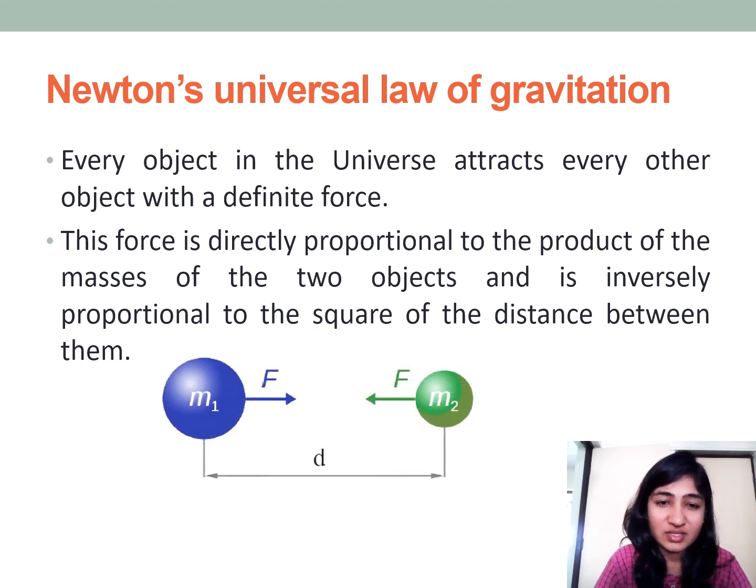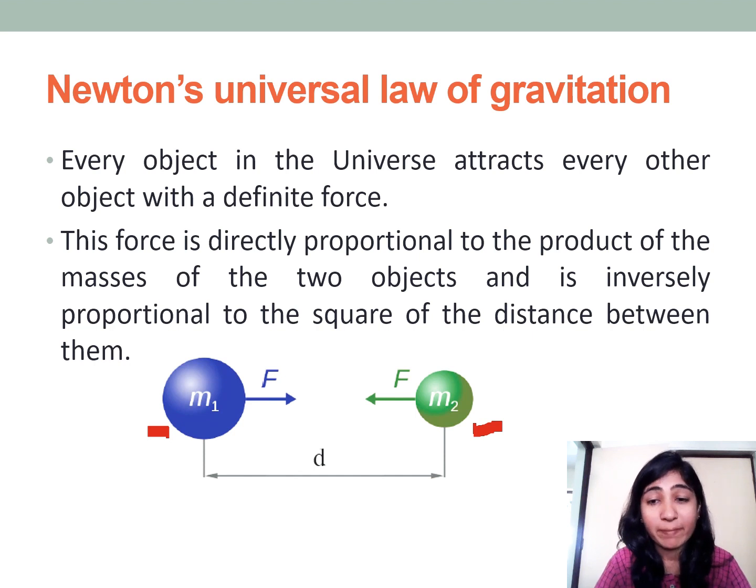So every object having mass, say here m1, attracts every other object in the universe with a definite force. For example, here m1 is attracting m2, and m2 is also attracting m1, because every object attracts every other object.